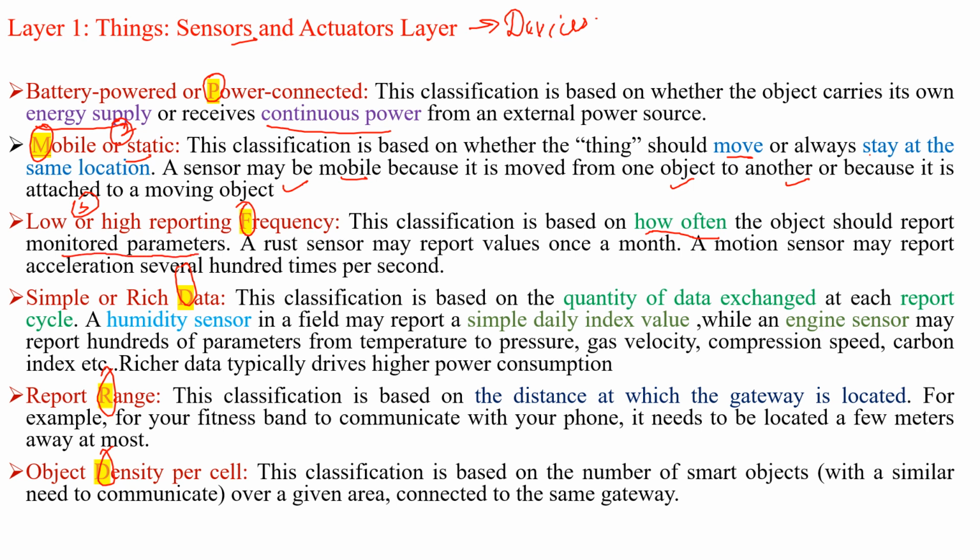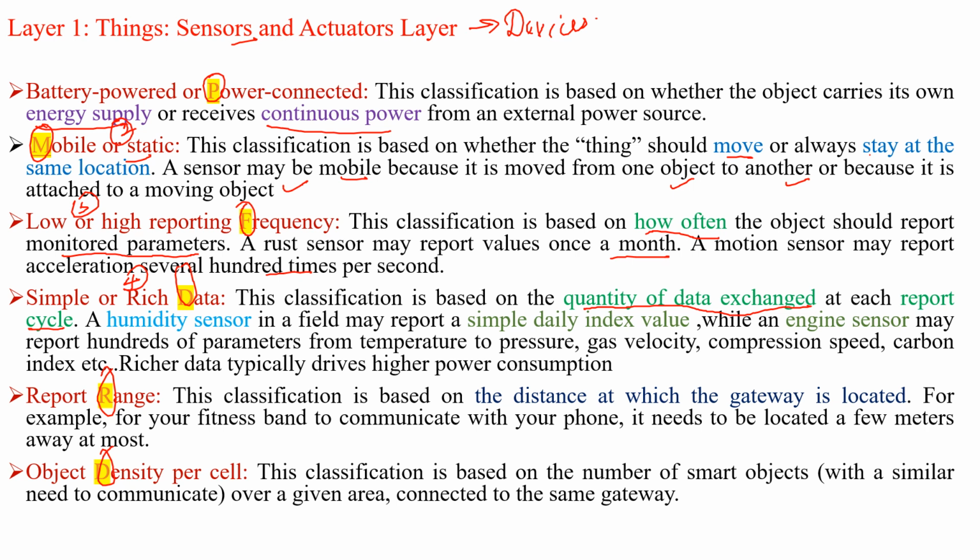For example, a rust sensor may report values once in a month, while a motion sensor may report acceleration several hundred times per second. The fourth classification is simple or rich data, based on the quantity of data exchanged at each report cycle.